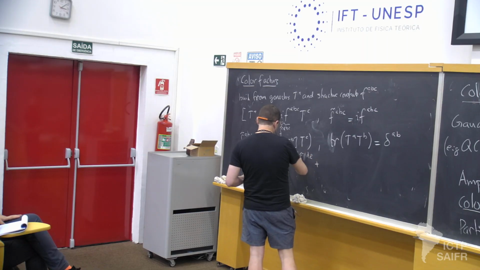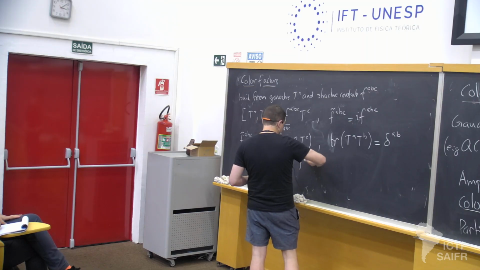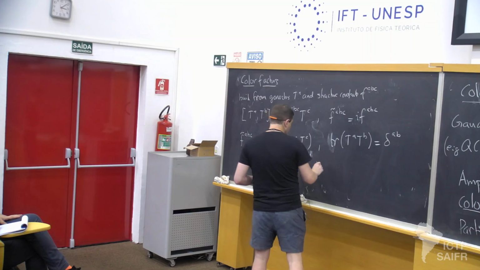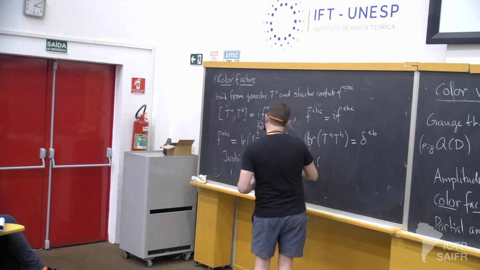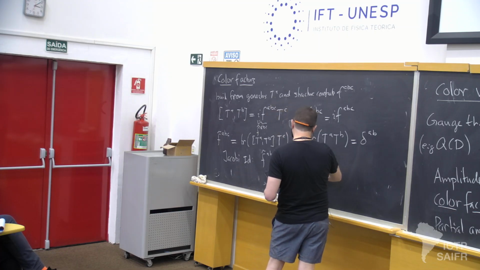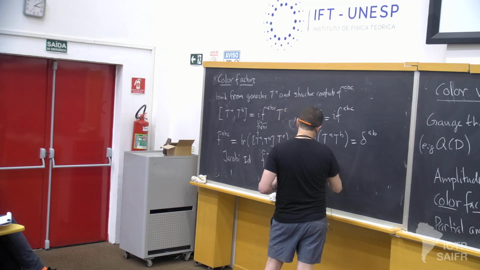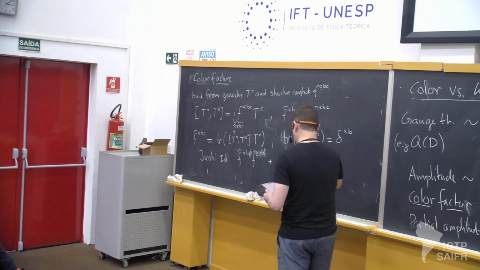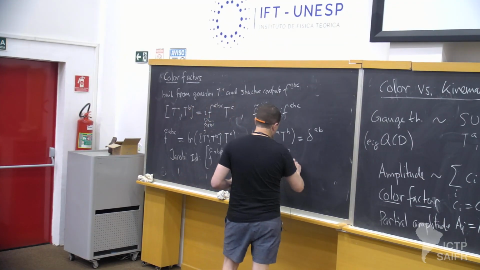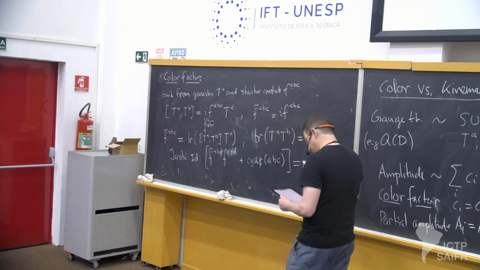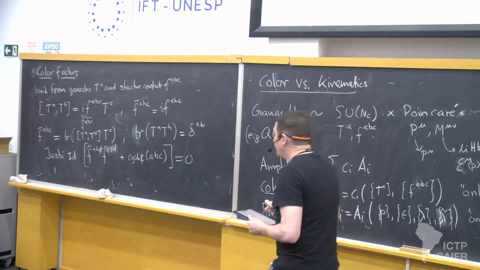So let's put the E, and CD. So now you just add the cyclic permutation of, I guess, any three free indices here, so that would be A, B, C. Just add the cyclic completion. This is equal to 0. That's the Jacobi identity.